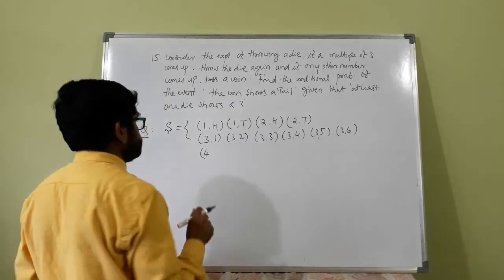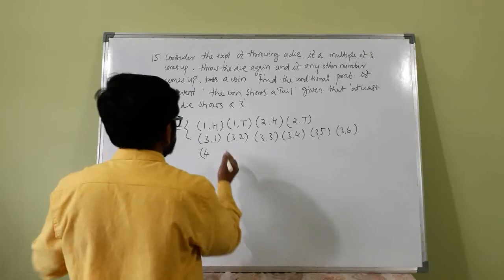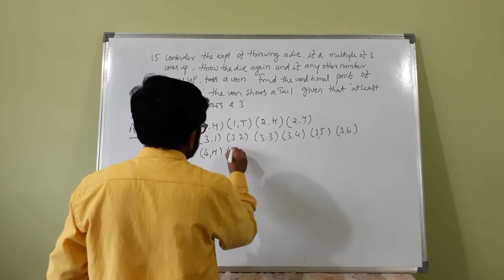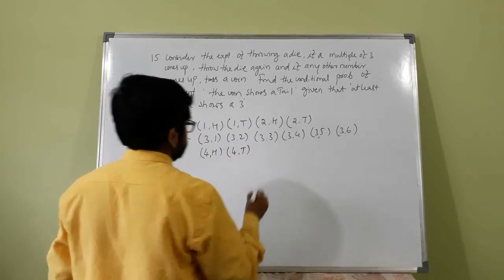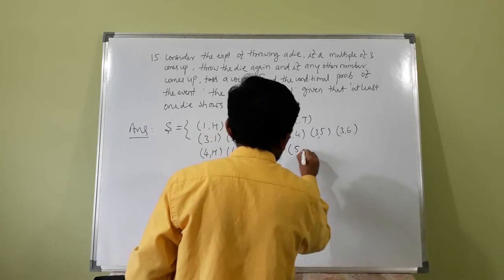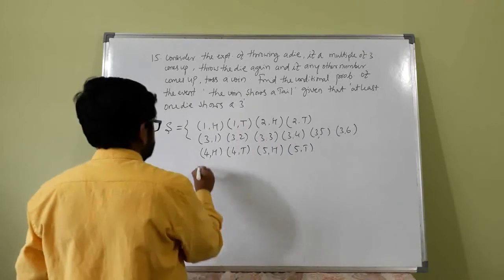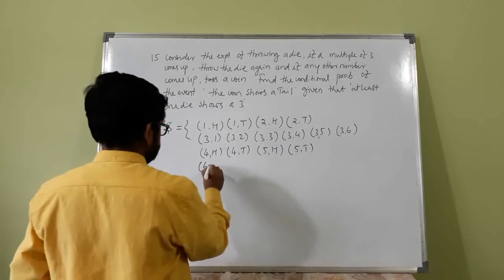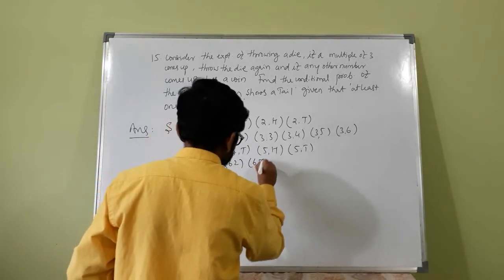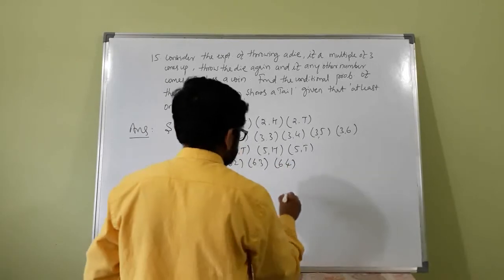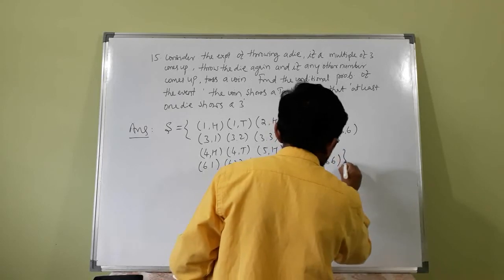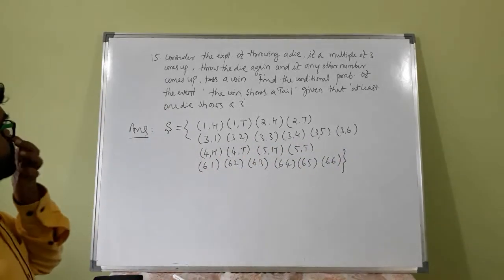Suppose you get number 4, it is not a multiple of 3, so you toss the coin and you may get head or tail. Similarly for 5. Suppose you get the number 6, again you have to roll the die: 6,1 up to 6,6.